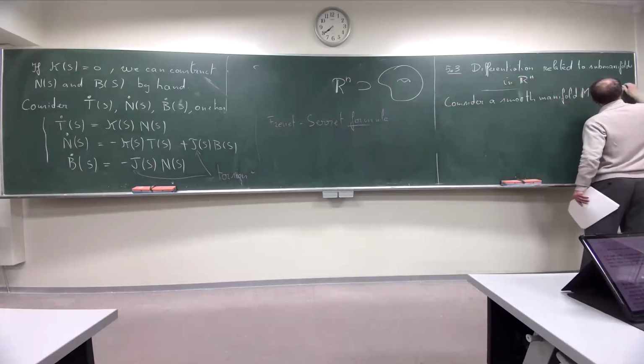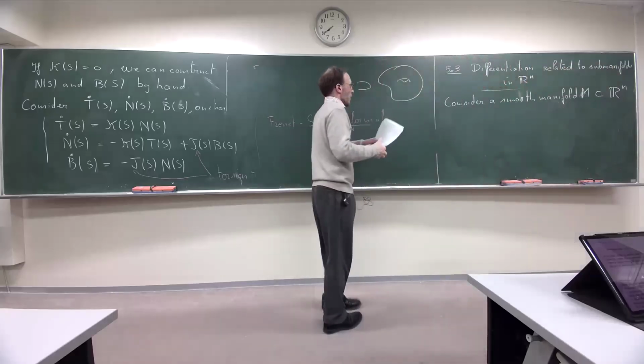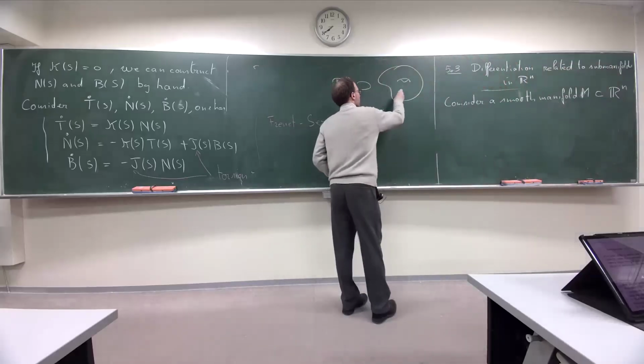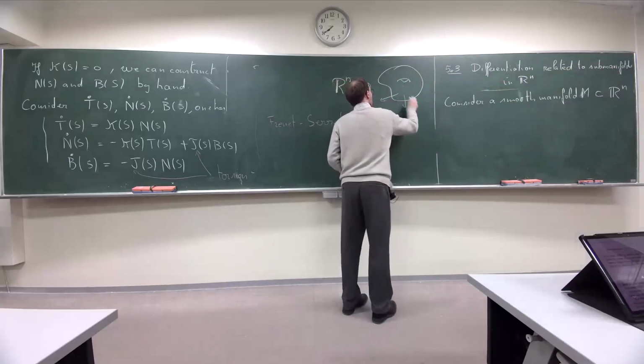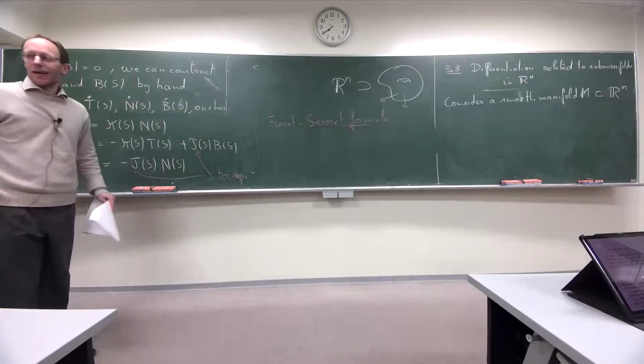Inside Rn. And the good point with this embedding is that the tangent vectors, or any vectors on the manifold, you can really represent them because they are inside something bigger.